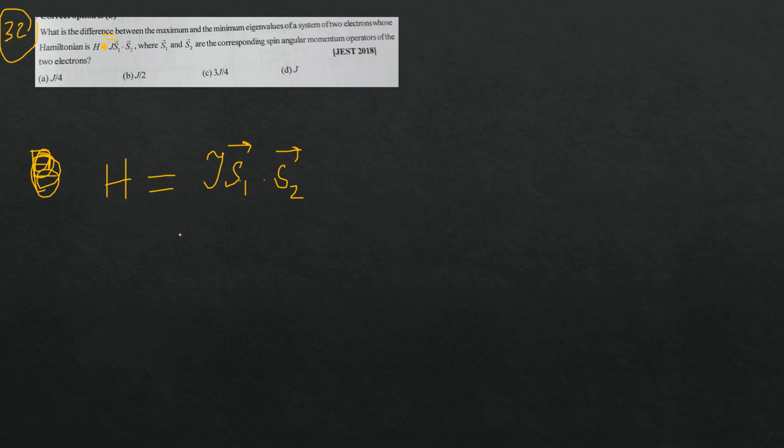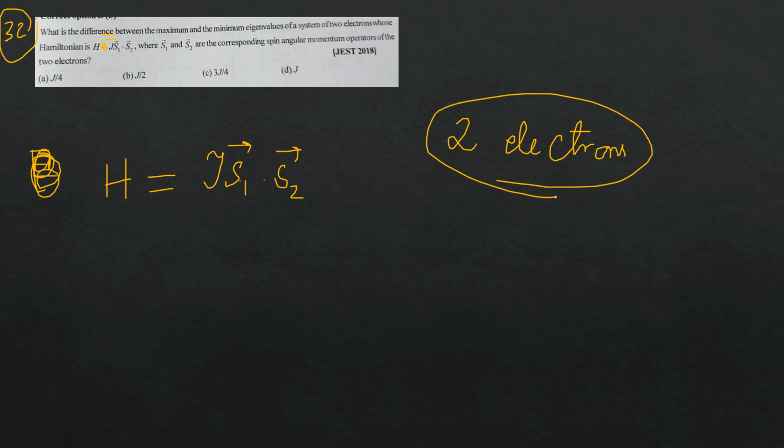So two electrons are there. S1 is half and S2 is half, isn't it?